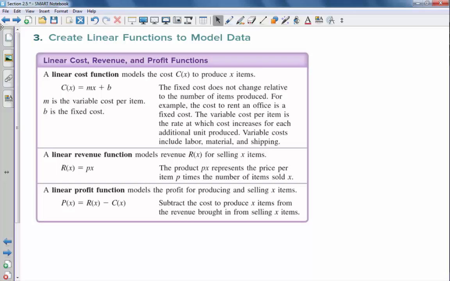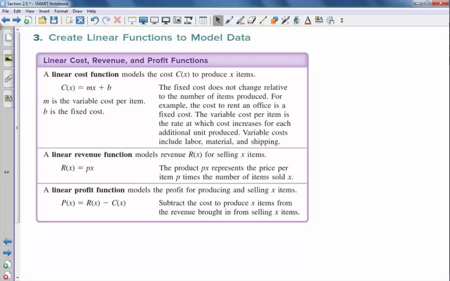So it's related directly to how many pieces you're building. They won't come out of thin air; you need to buy some materials to build them. So the most basic model for a cost function is your initial startup money plus how many you build. X is the number of units, and M is the cost of each unit you build.